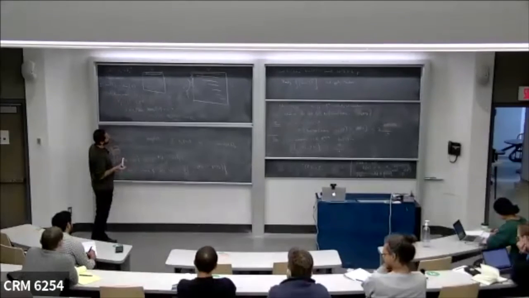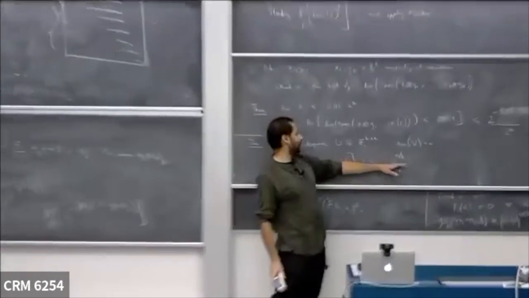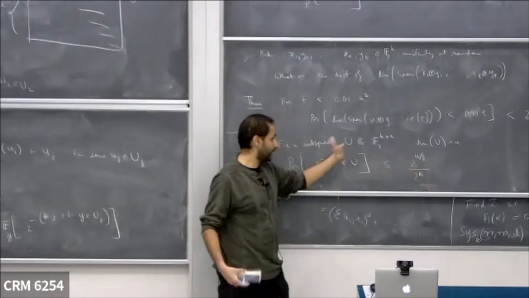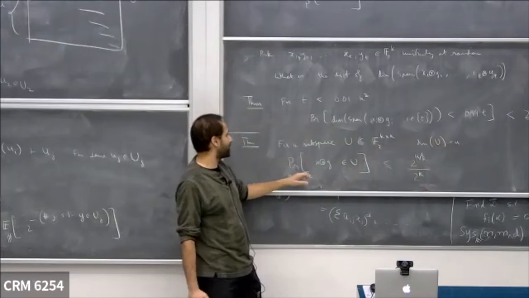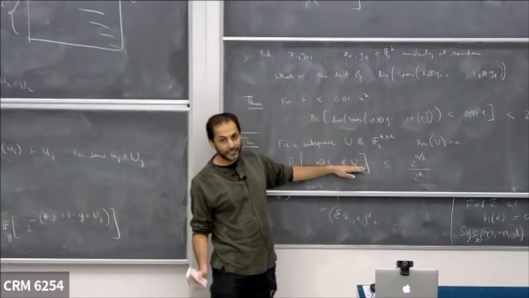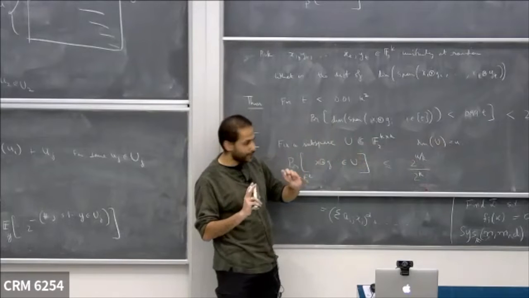And this analytical inequality has, so let me go back to the statement. You have a space U of dimension little u, and we are bounding the probability that a random rank 1 tensor lies inside the space U. There are two extrema for this. Let me tell you two extrema.